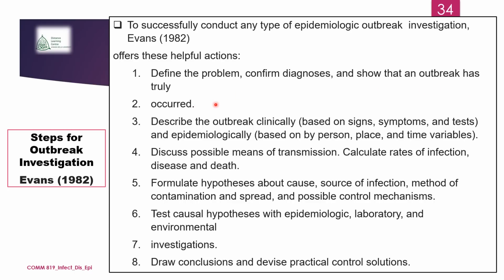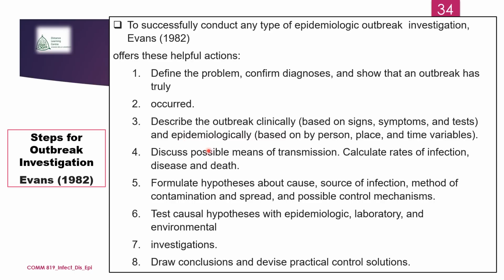Then 2, we need to describe the outbreak clinically based on signs, symptoms, and tests, and epidemiologically based on person, place, and time. So if you are describing a disease, you need to tell us based on the signs, symptoms, and the various diagnostics that have been carried out in the community.